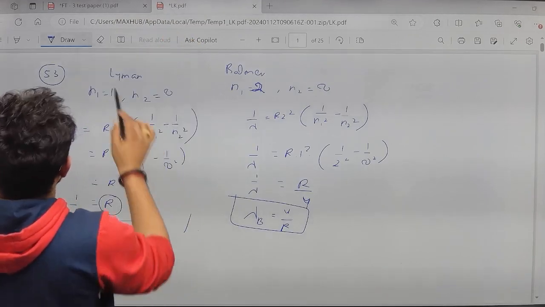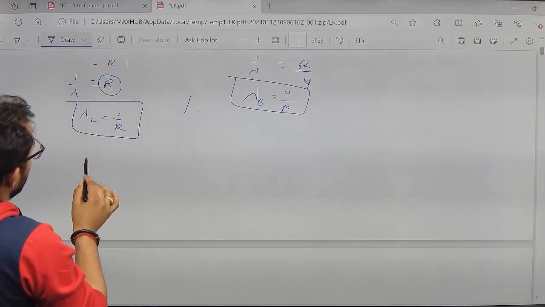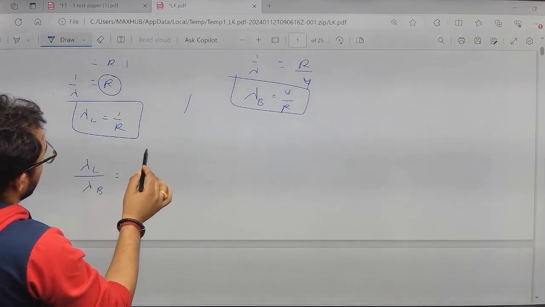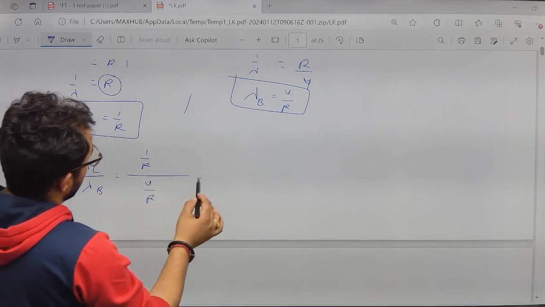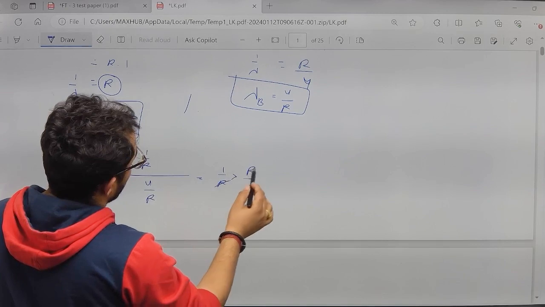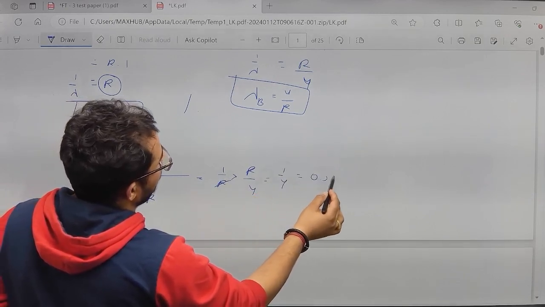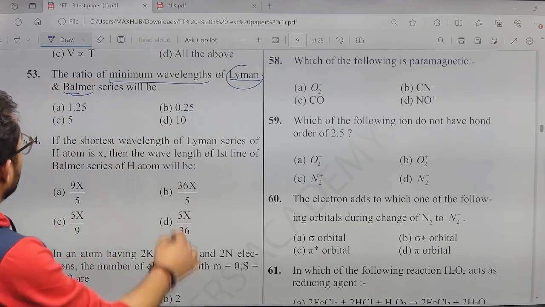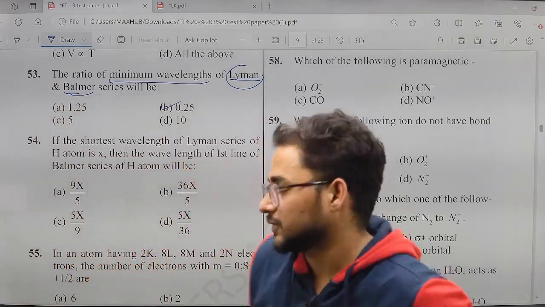That means he is interested in lambda L and lambda Balmer, 1 upon R and 4 upon R. So 1 upon R times R upon 4, 1 upon 4 बोले तो 0.25. 0.25 will be the right answer. That is question number 53. We have seen the solution.